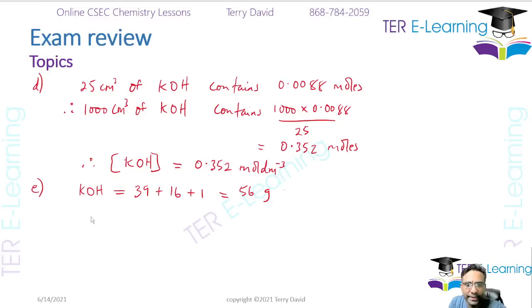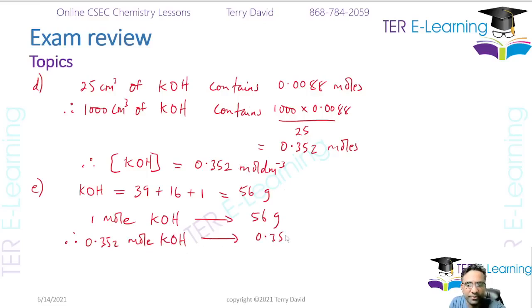So what we're going to say here is 1 mole of potassium hydroxide has a mass of 56 grams. So therefore, we're working out for 0.352 moles of potassium hydroxide, and we're going to cross multiply. 0.352 multiplied by 56 over 1, and that's going to give us 19.7 gram.